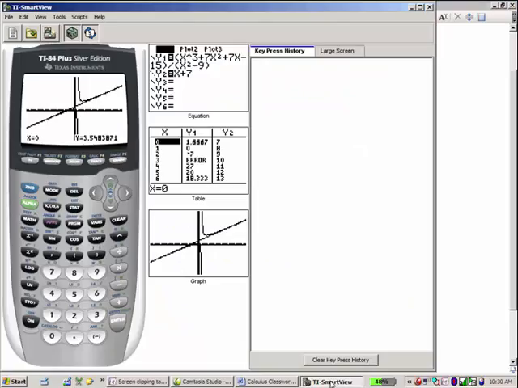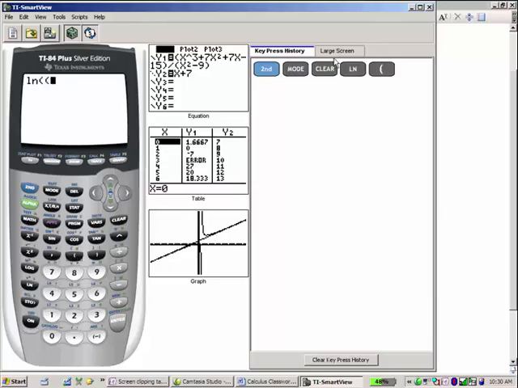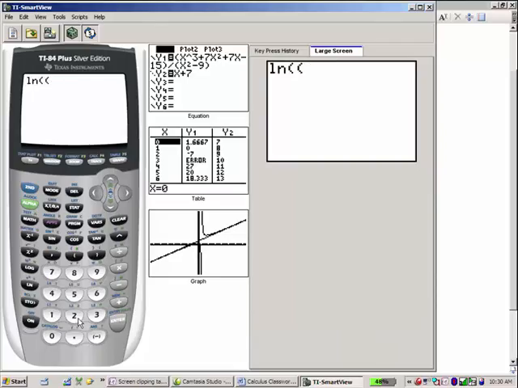And just to show you on your calculator, you're going to do the natural log of that.